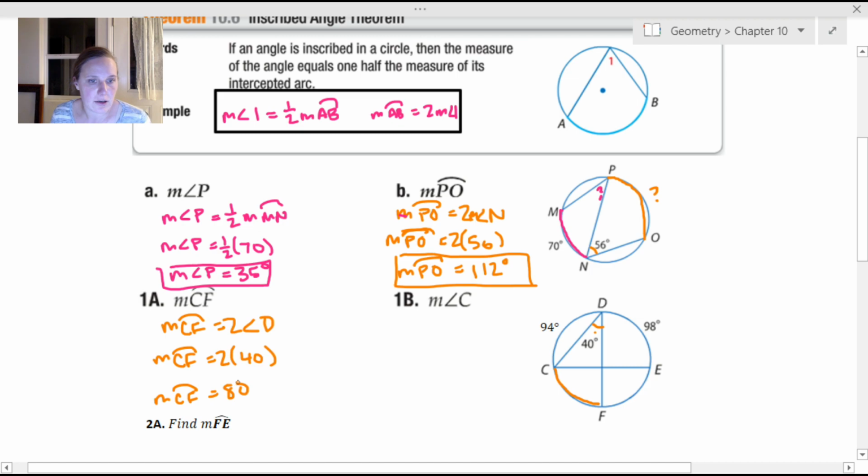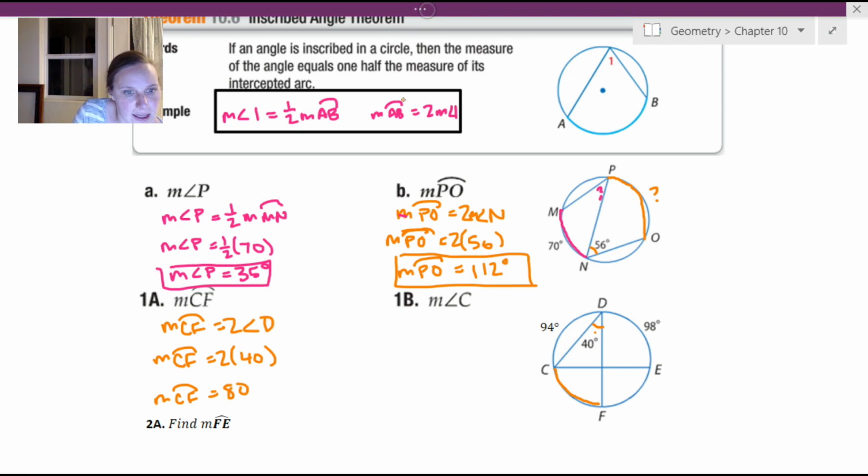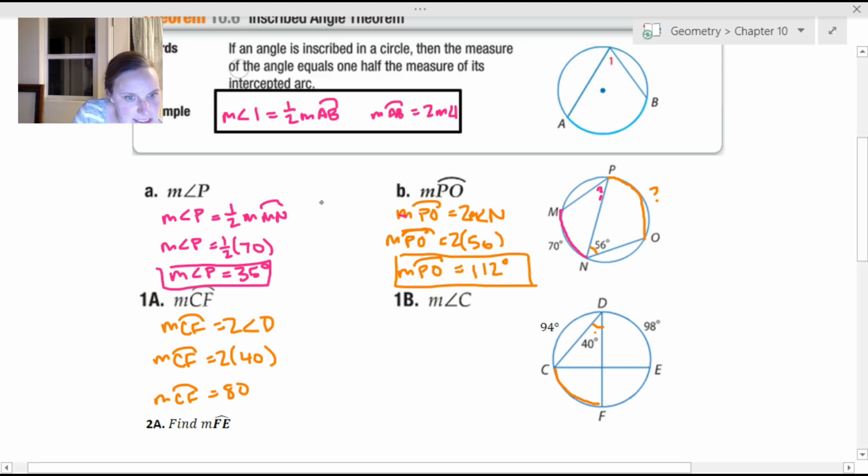Done. All right, let's try the measure of angle C. The measure of angle C is right here, and we want to know what that measure is. We have to look carefully. The intercepted arc is this arc right here, which is 98 degrees. That corresponds to this inscribed angle.